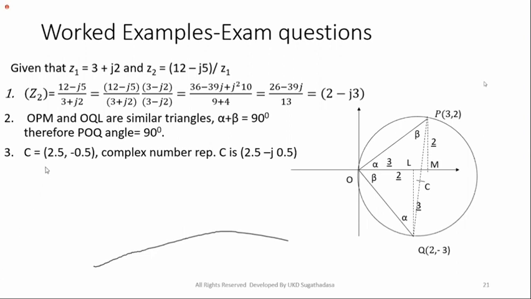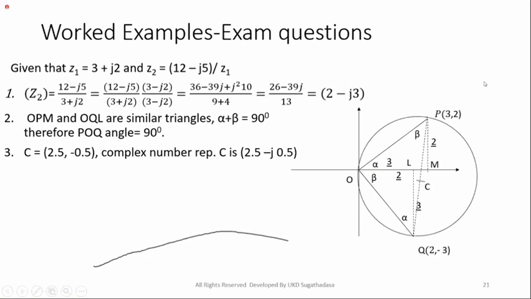The x coordinate of C is 2.5. The y coordinate is 2 plus minus 3, that is minus 1, divided by 2 is minus 0.5. So easily you can see the coordinates of the point C, the center of the circle.